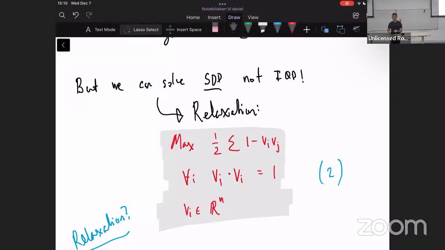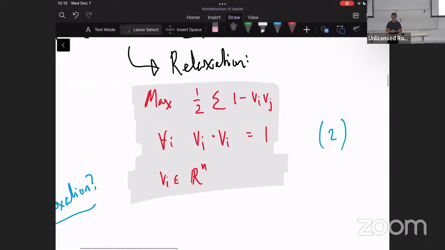So for every vertex I have a vector vi, and I'm maximizing 1/2 the sum of 1 minus vi.vj, subject to vi's being unit vectors.